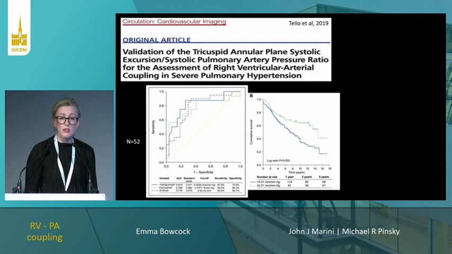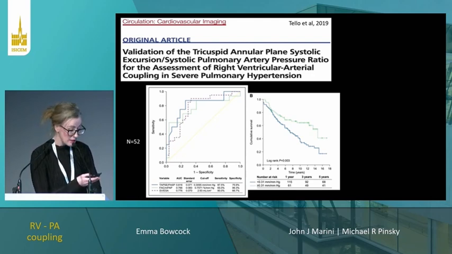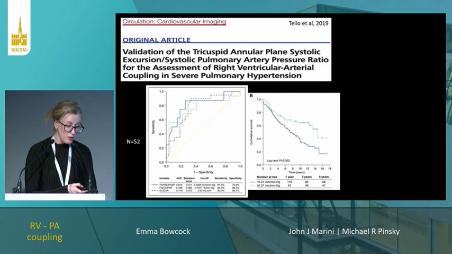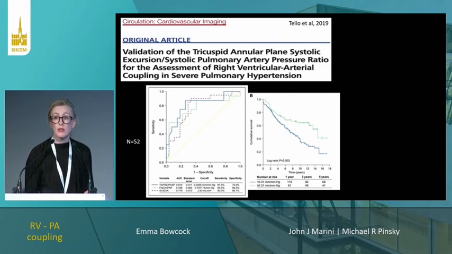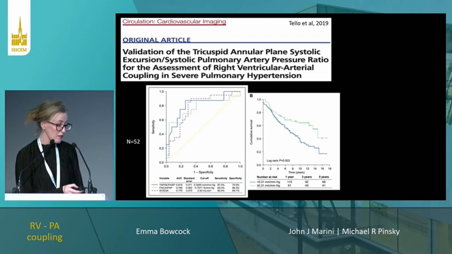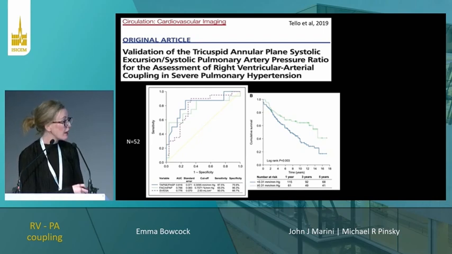This simplified ratio of TAPSE to pulmonary artery systolic pressure was validated in 52 pulmonary hypertension patients by Tello in 2019. They compared this to single beat methods, for which they used a cutoff value for uncoupling of 0.8. At this cutoff value, TAPSE to pulmonary artery systolic pressure emerged as the best discriminator to detect uncoupling, and they found cutoff values of 0.31.